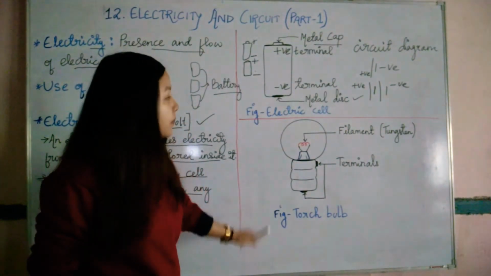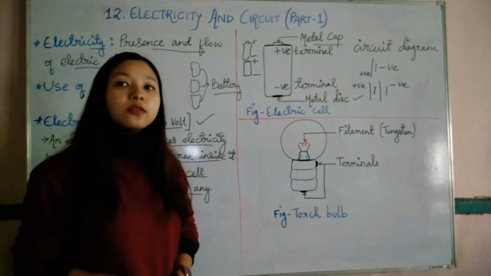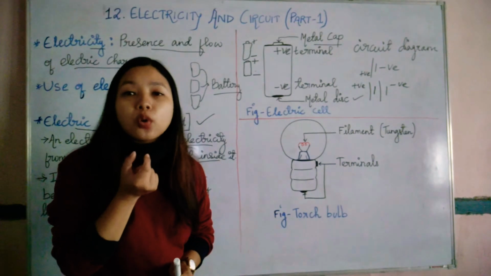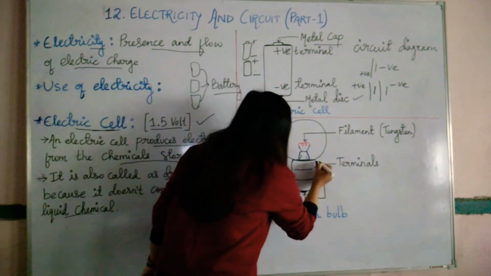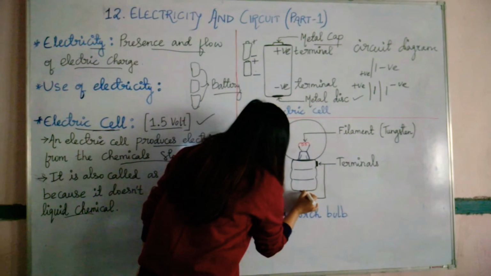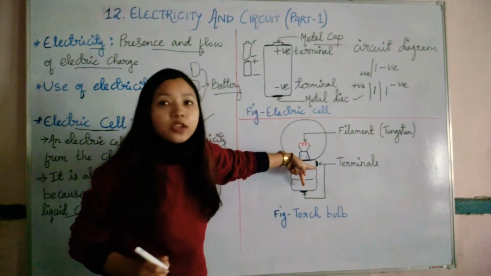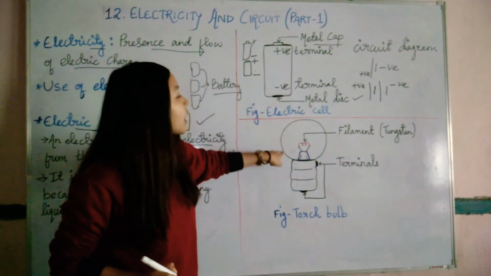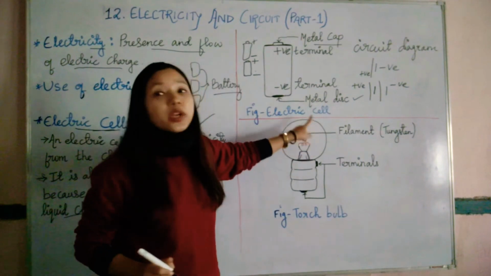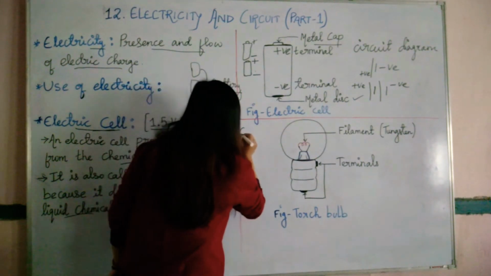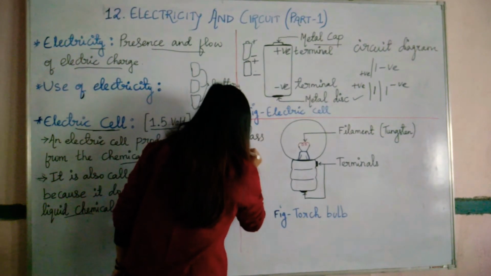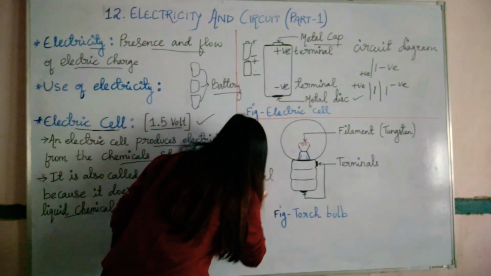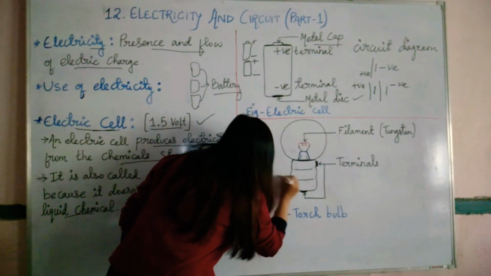Next is the torch bulb. In a torch bulb, again we should have two terminals. If you clearly observe a torch bulb, you will see that on one side there is a terminal and at the bottom there is also a terminal. These two are the terminals of this electric bulb. An electric bulb has a glass cover, and at the bottom it has a metal cover.